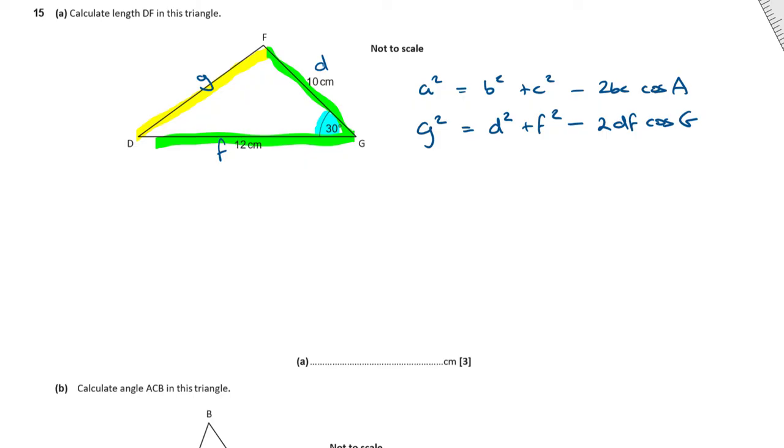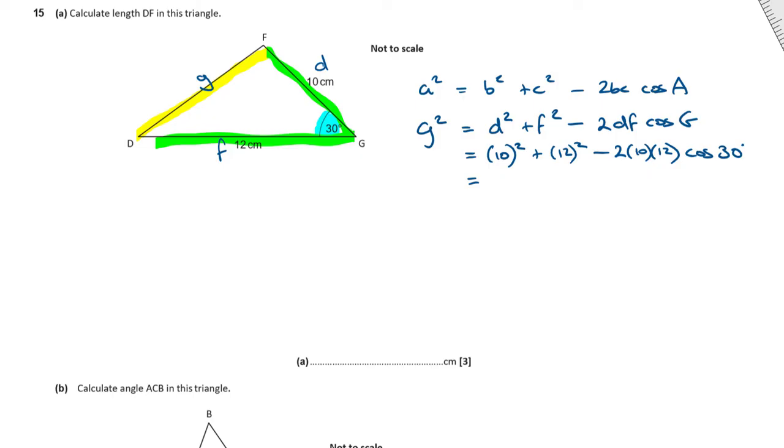Okay, now just a matter of plugging those numbers in then, isn't it? D is 10 squared, f is 12 squared, minus 2 lots of 10 lots of 12 cos 30. Okay, well, I'm trying to do as much of this as possible before I reach for the calculator, just to make it a bit easier to type in.